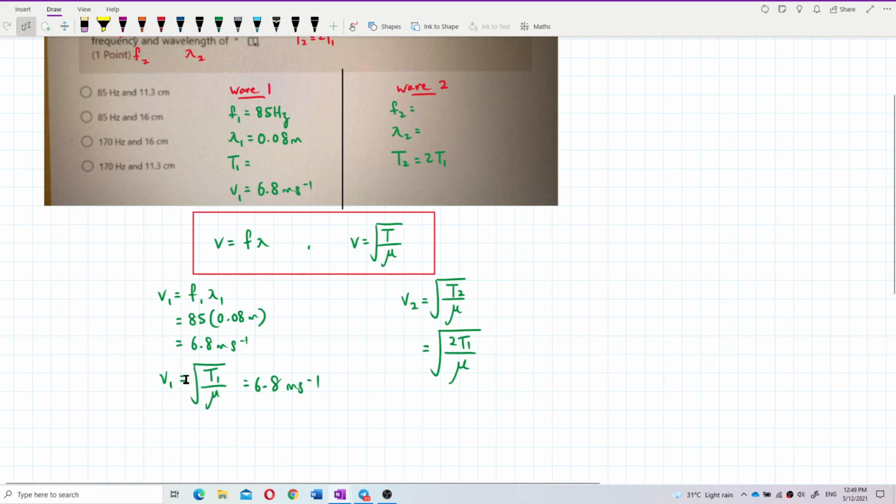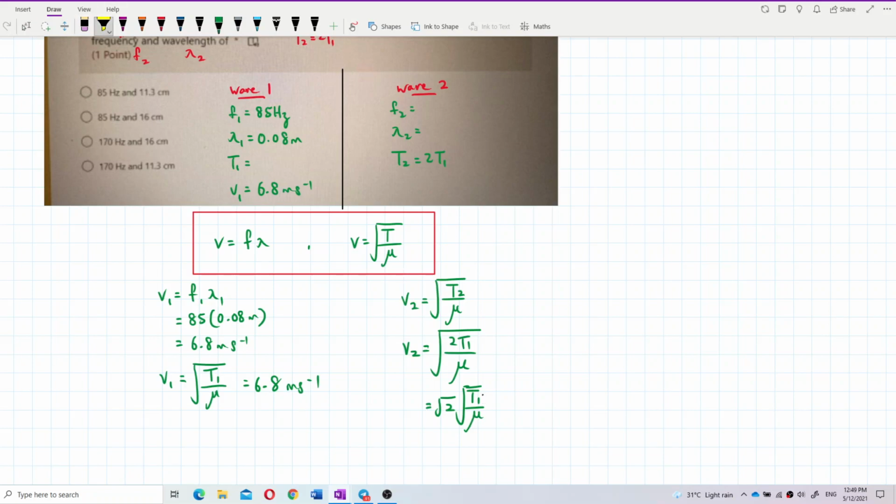And then we can relate this into here. This is V for V2. So this one can equal to surd 2 multiplied by surd T1 over mu.